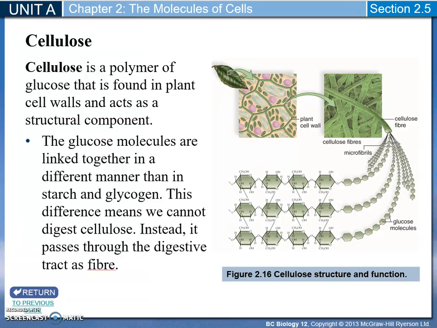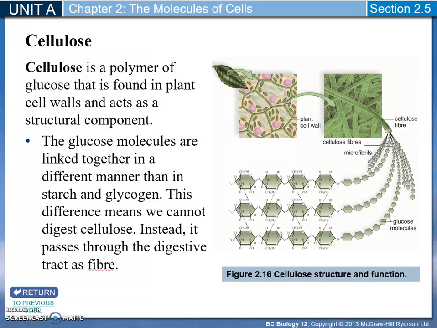Plants obviously don't have a skeleton like we do, so it's largely the cellulose in plants that allows them to retain their structure. Now, the glucose molecules in cellulose, though, they're linked together in a different manner than in starch and glycogen.